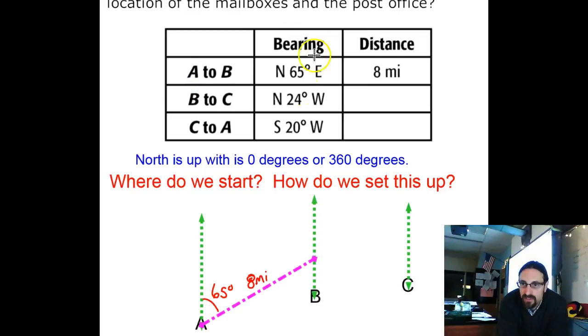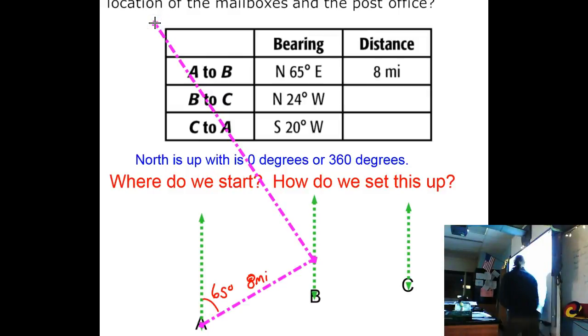So the next piece of information I have is from B to C is north, right? And then 24 degrees west. So again, this would be 90 degrees west. This would be 45 degrees west. This is like, I don't know. There you go. We're going to call that 24 degrees west. And let's label it.